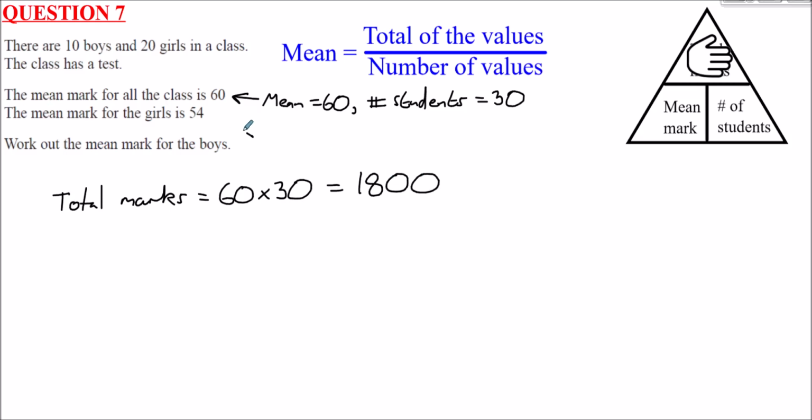Now we're told something similar for the girls only. So for the girls only, we're told the mean is 54. Number of girls scoring that mean of 54, well, there's only 20 girls. So now we can work out the total marks for the girls only.